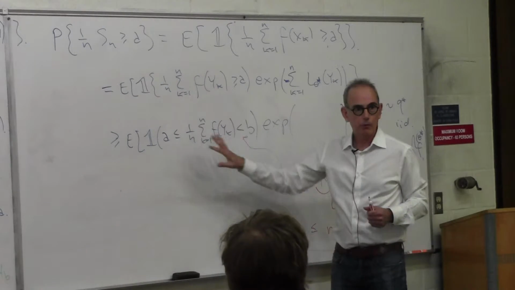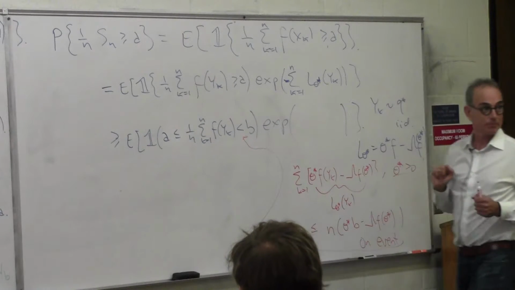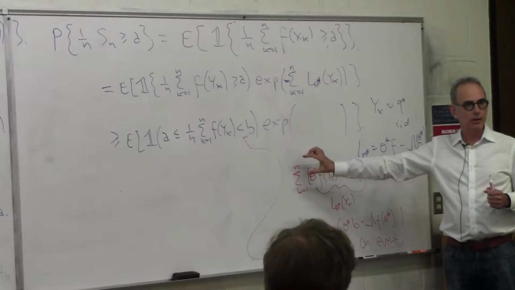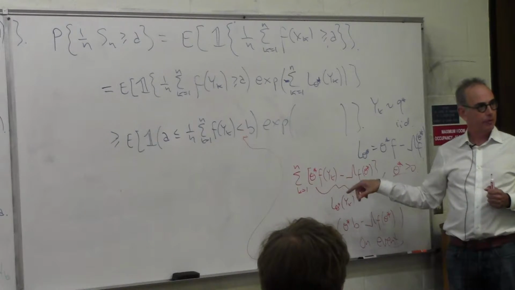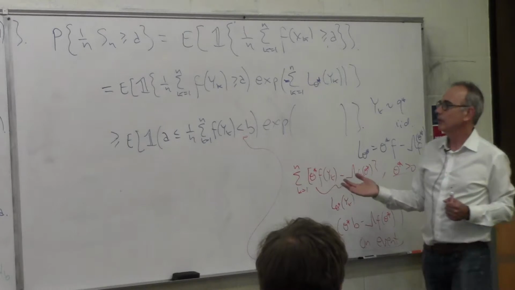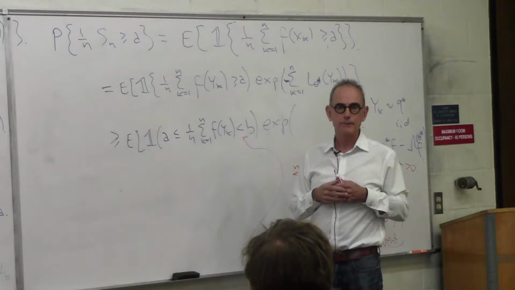So on this event, when this is 1, this average has to be less than b. All right? So I'm taking the theta star as a constant, it comes out, and we're replacing the average of f by b, its upper bound. If this does not hold, it's 0, I just don't care about it. It gets killed off anyway.